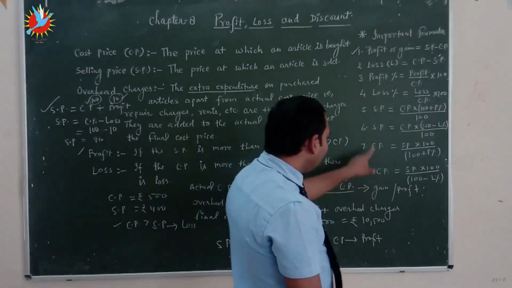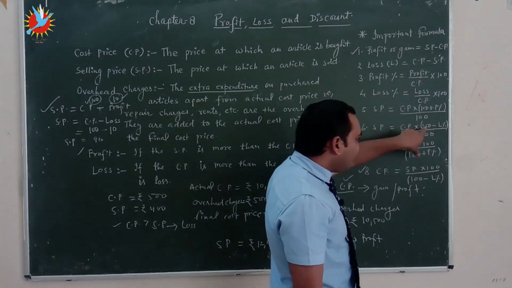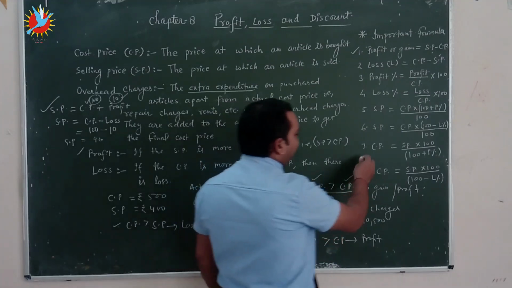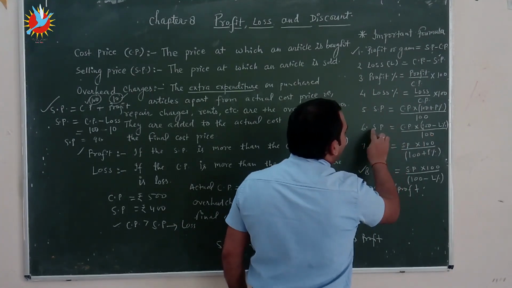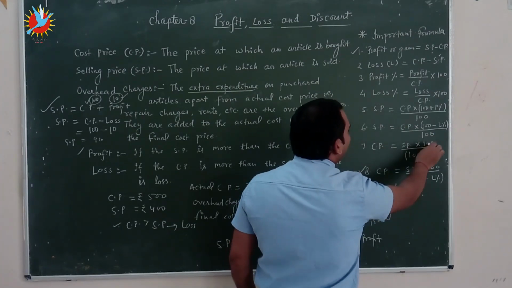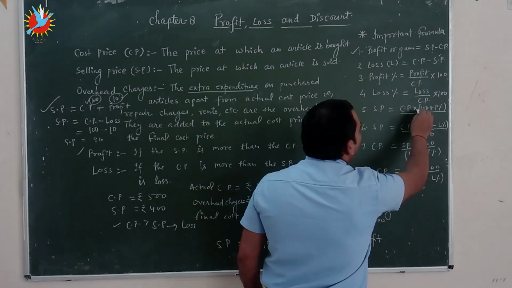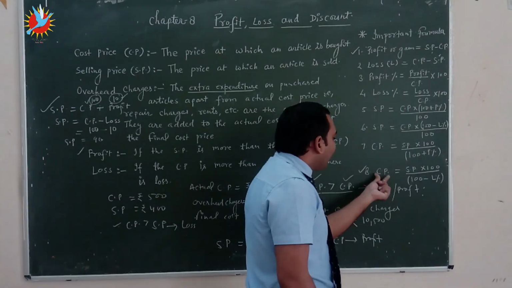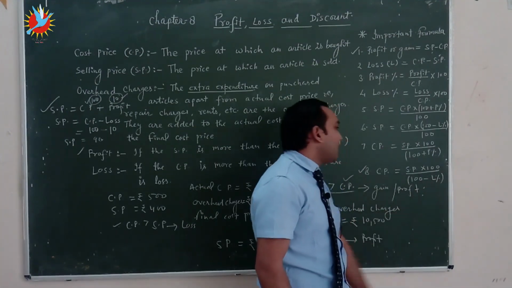Similarly, SP is equal to CP into 100 plus profit percent upon 100, or here CP into 100 minus loss percent upon 100. Similarly, cost price is equal to SP into 100 upon 100 minus loss percent, or SP into 100 upon 100 plus profit percent. So these are two formulas in terms of profit percent and loss percent also.